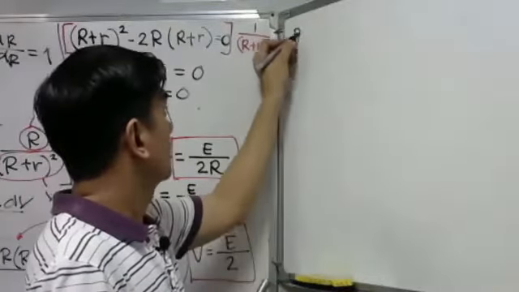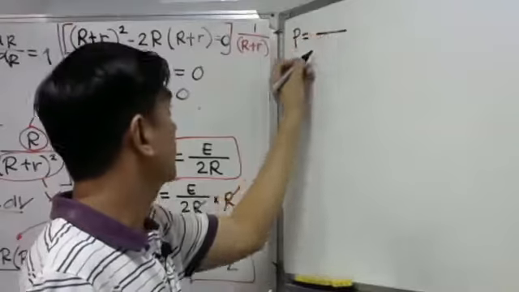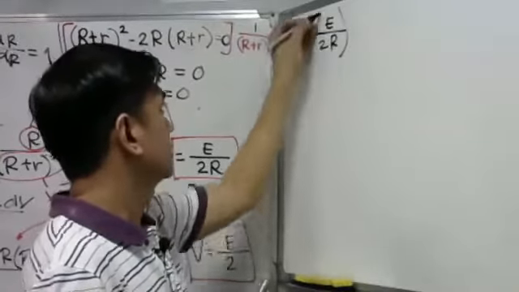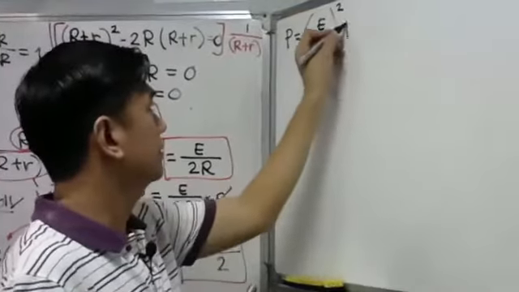So our power is equal to E over 2R, quantity squared, then multiplied by R.